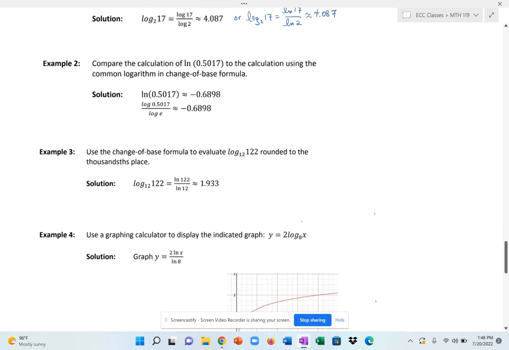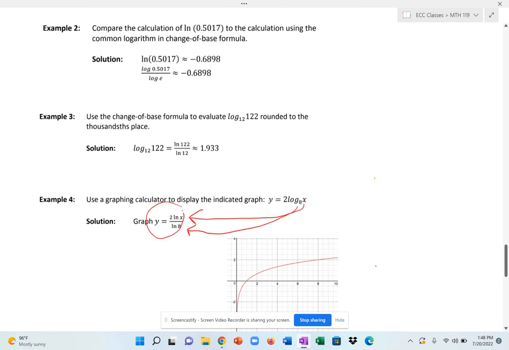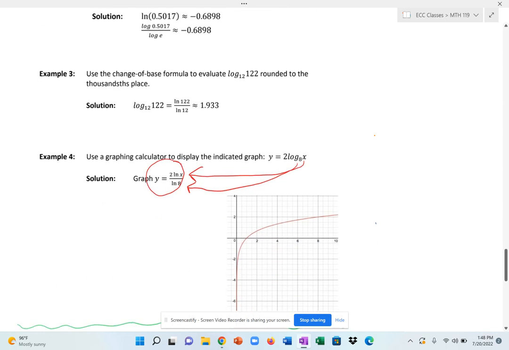I use natural logs. So this is the same as 2 times the natural log of x divided by the natural log of 8. 2 is just the coefficient. This can be entered into a graphing calculator, and you would get this graph right here, which looks pretty familiar. It looks like the typical shape of a logarithmic function.